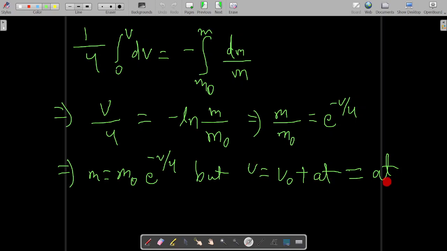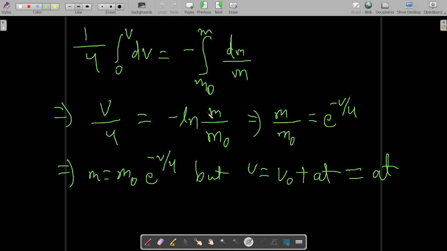As the acceleration is constant, already given to you in the question, you can apply the equations of kinematics, that is v equal to u plus at, s is equal to ut plus half at square, v square minus u square equal to 2as. All those things you can apply. Why? Because acceleration is constant, as already given to you in the question. So v equal to at, and m equal to m naught e to the power minus v by u from here.